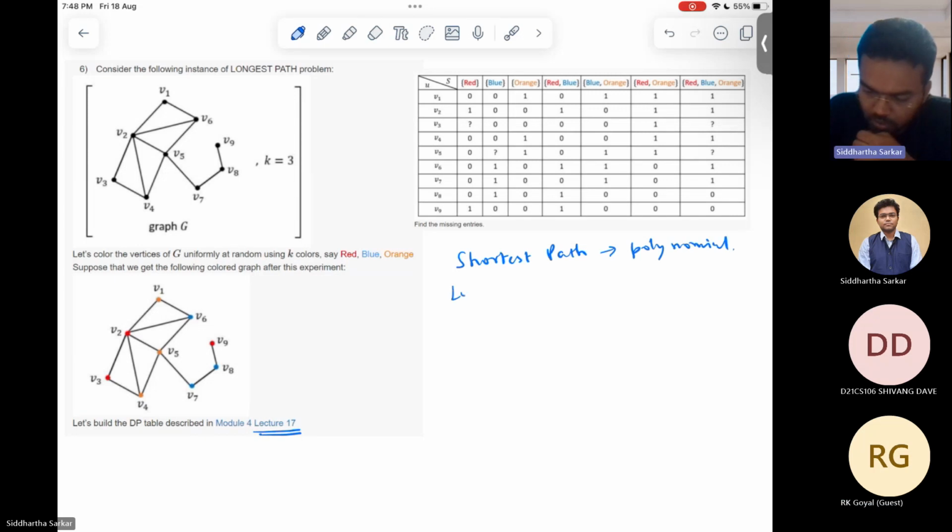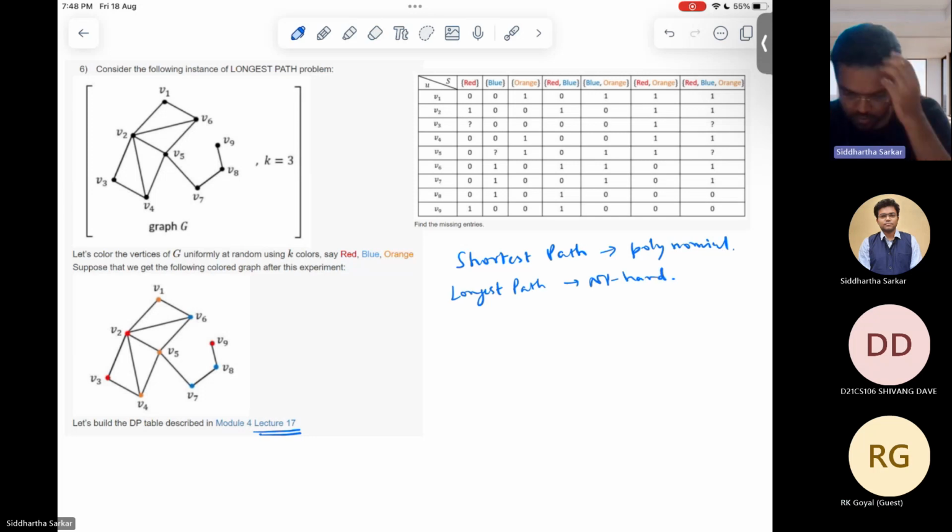But the longest path, that means the path having the maximum number of edges, this problem is NP hard. The longest path in the sense a path, let us say, consisting of vertices.